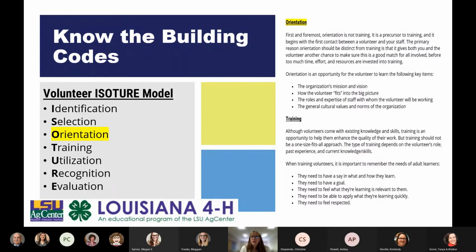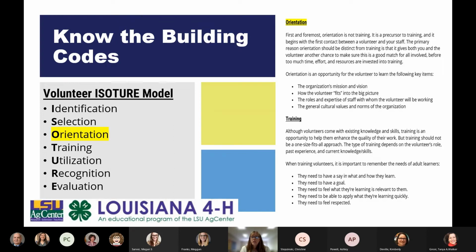So orientation is an opportunity for the volunteer to learn the following key items: the organization's mission and vision, how the volunteer fits into the big picture, the roles and expertise of staff with whom the volunteer will be working, and the general culture, values, and norms of the organization. I've got it right next to training so that you can see the difference between the two and differentiate between them.